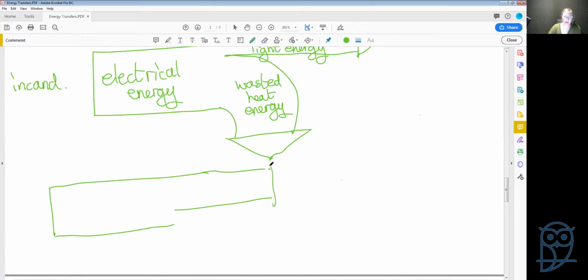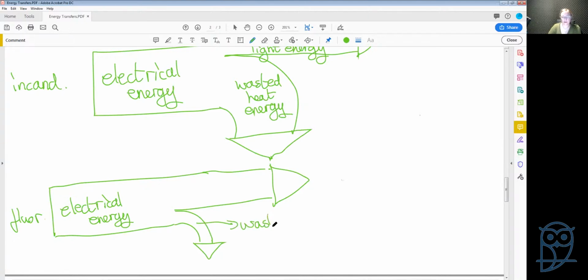Like a pen, please. Thank you. So that would be our light energy that comes out. And this over here is then our wasted energy, which is heat. So here we have electrical energy. This is our wasted energy. And here we have our light energy that we want.